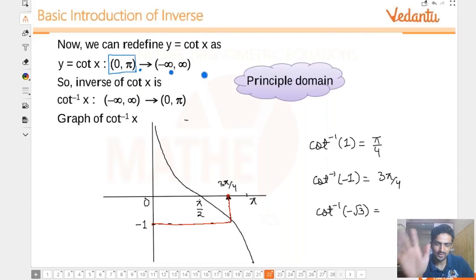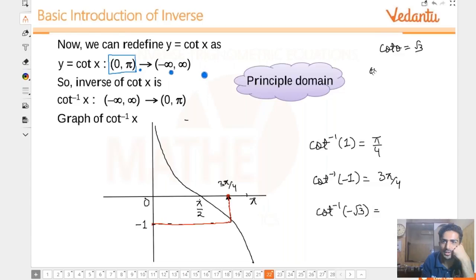Okay. Now, guys, stop. Stop now. First thing is, students are confused. Sir, when was cot theta root 3? At pi/6 or pi/3? Half are working with this, half are working with this. Beta, you need to remember such values, okay?